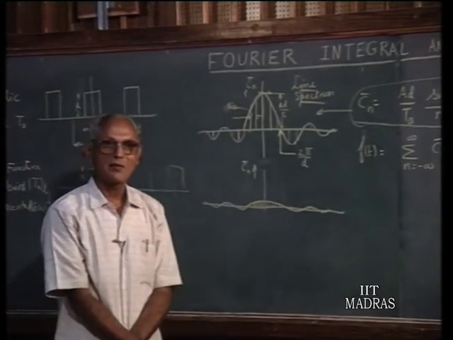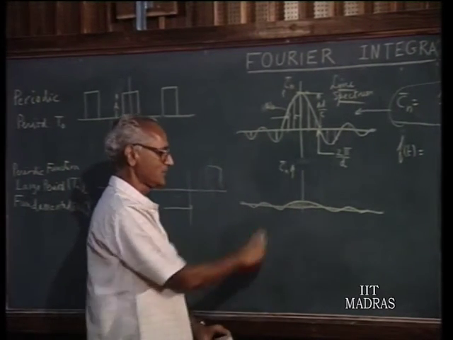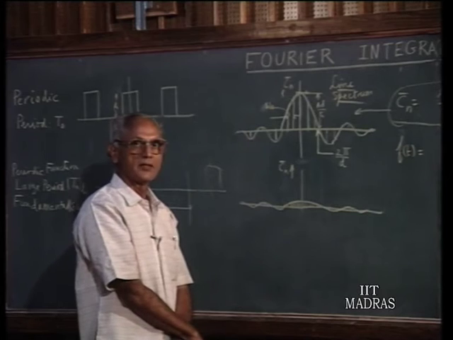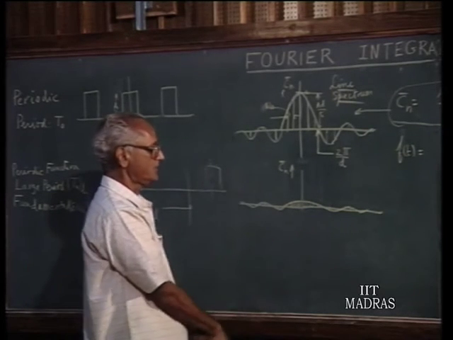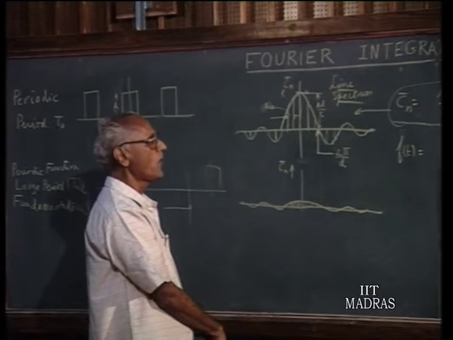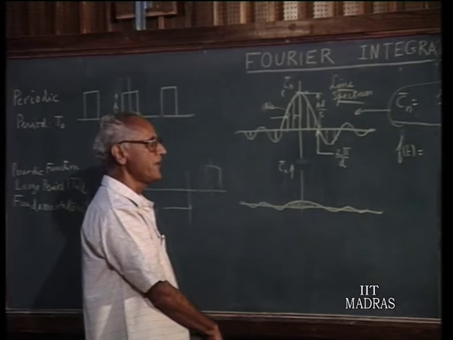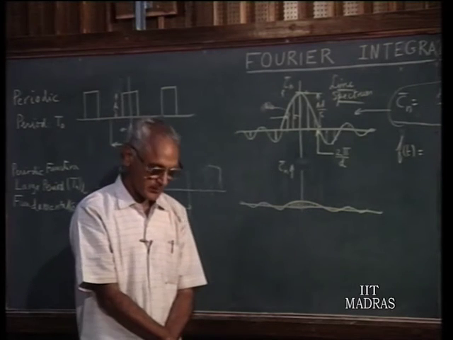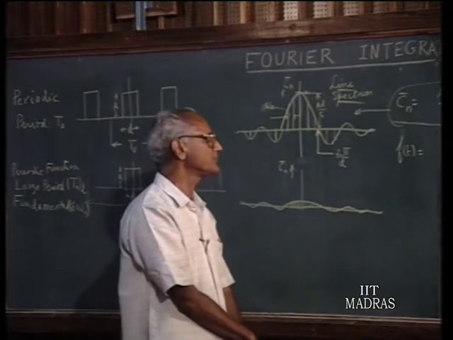So, that will not give us any useful information. So, we must find some other way of handling this. What we should like is some new quantity which we could plot, which will not become 0, which will be meaningful and which will give us an idea of the relative sizes of the various harmonic components.